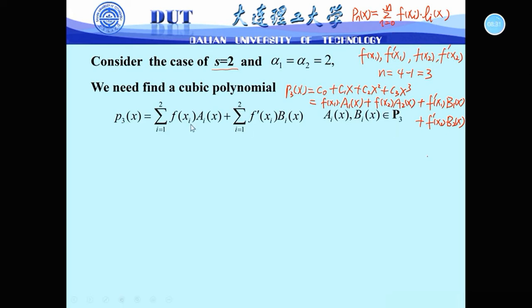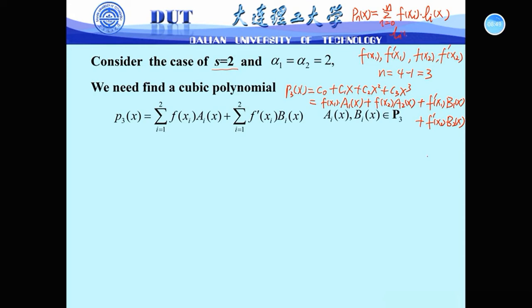So here we need to determine the four bases: a1(x), a2(x), b1(x), and b2(x). Do you remember how to determine the Lagrange interpolation basis li(x)? We use the property.